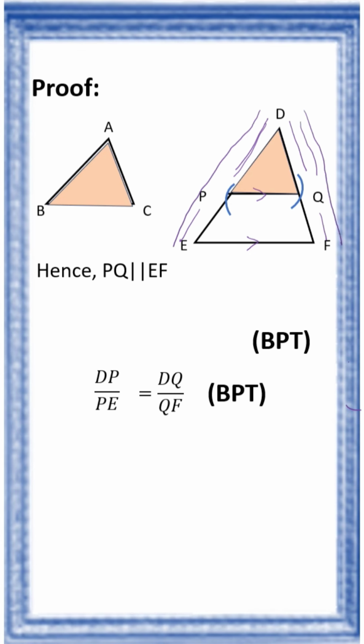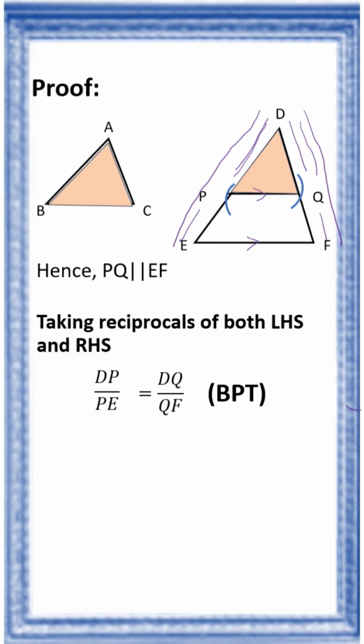In order to get this result, we have to take the reciprocal of both LHS and RHS. The reciprocal of this one is PE by DP, and the reciprocal of this one is QF by DQ.